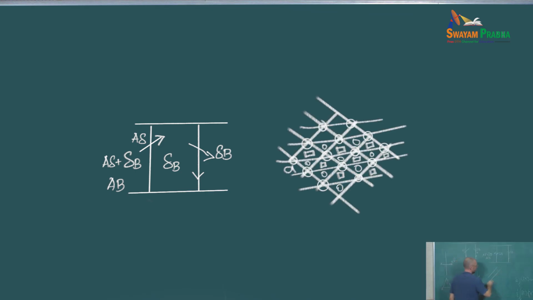Now, let me quickly draw an FCC stacking. We have the atoms in the first plane at the intersections. Then the second plane, for example, I put at the center of the upward triangles.